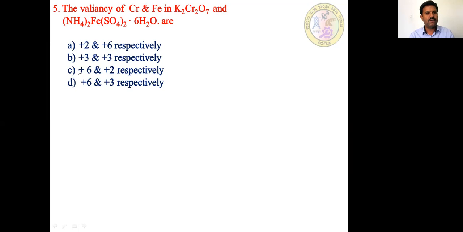The right answer is that the valency of chromium in potassium dichromate is +6 and the valency of iron in ferrous ammonium sulfate is +2. Hence the right answer is option C.